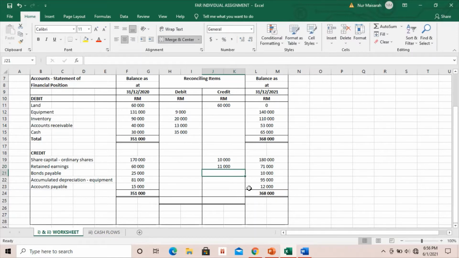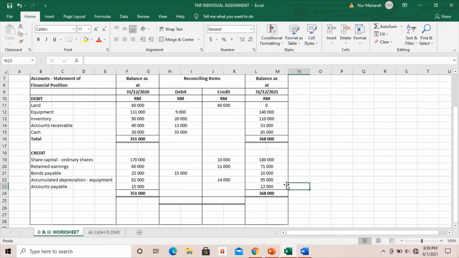Next, for bonds payable, 25,000 minus 10,000, we will get 15,000 at the debit side. Next, for accumulated depreciation of equipment, 81,000 minus 95,000, we will get 14,000 at the credit side.